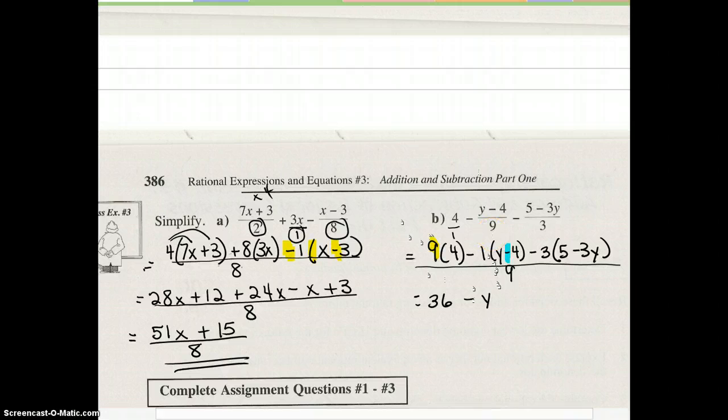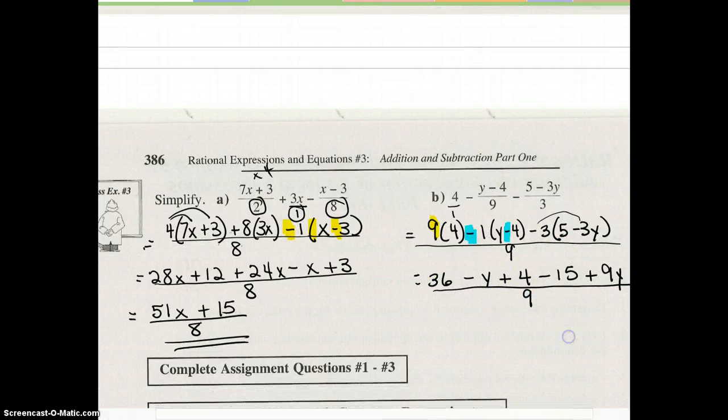All I wanted to point out to you was this negative and this negative are going to have to cancel each other out. So I have a negative y and I have a positive 4. The 3 goes with the 5, so that's 15. Again, we've got two negatives here, so it's going to be plus 9y. And I have to really emphasize that because this is where in the past, there are mistakes that can be made.